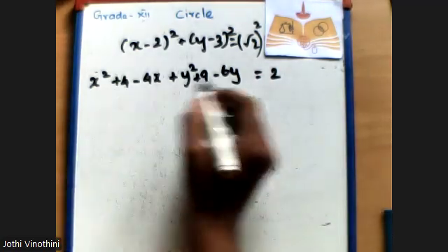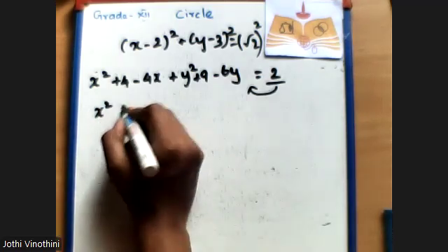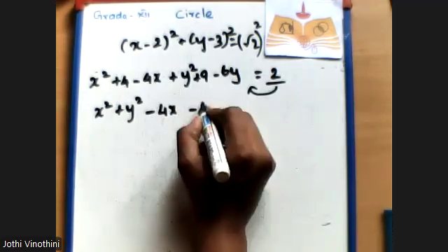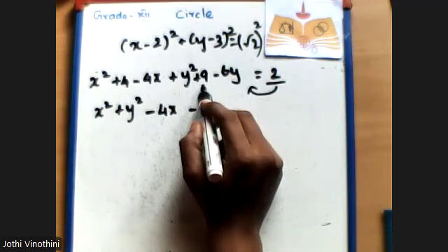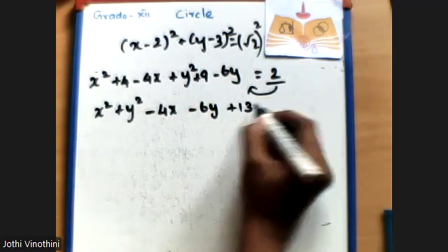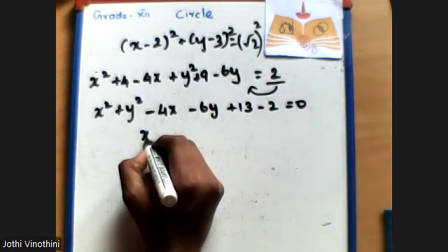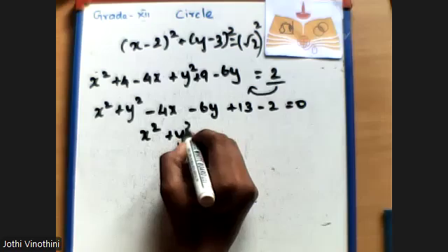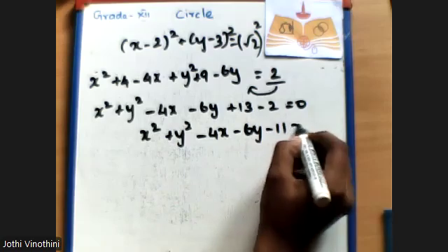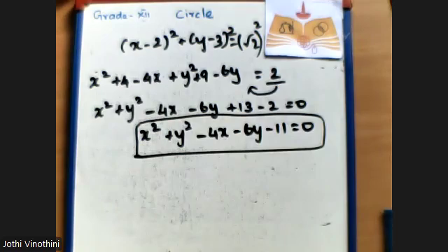So I'm going to rearrange this and take this to this side. So x squared plus y squared minus 4x minus 6y, plus 4 plus 9 equals 13, minus 2, equals 0. X squared plus y squared minus 4x minus 6y minus 11 equals 0. This is the equation of a circle.